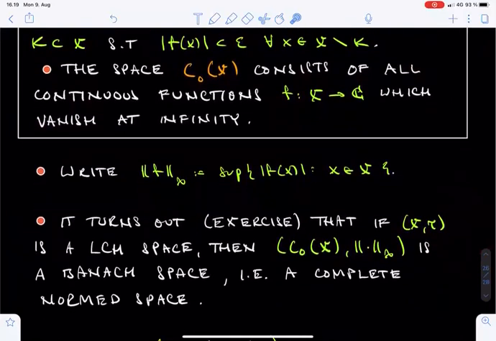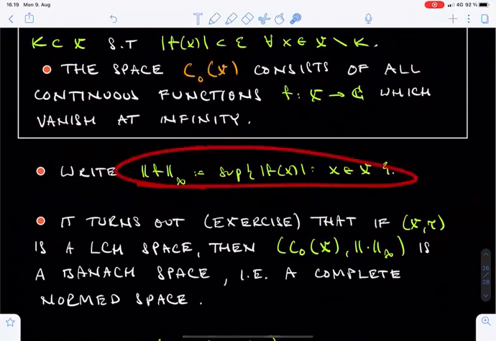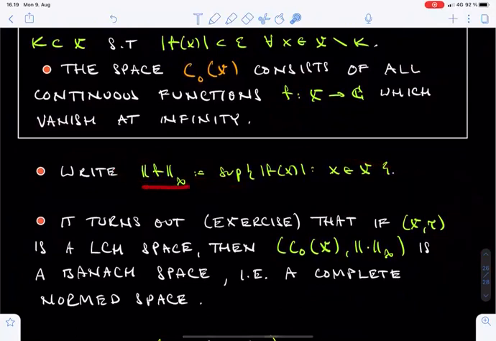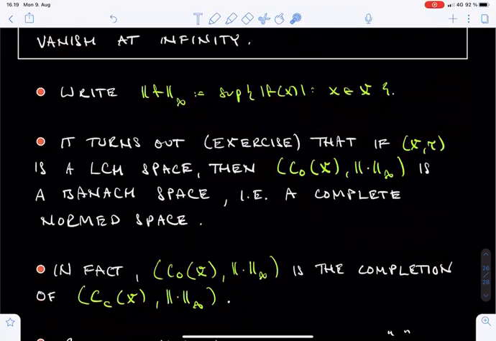We want to couple the space C0 of X with a suitable norm, and that norm is the sup norm. Recall that the sup norm of a complex-valued function f is the supremum of its absolute values. It is not hard to see that the sup norm is finite for all functions f in C0 of X, and in fact the pair C0 of X coupled with the sup norm is a normed space.